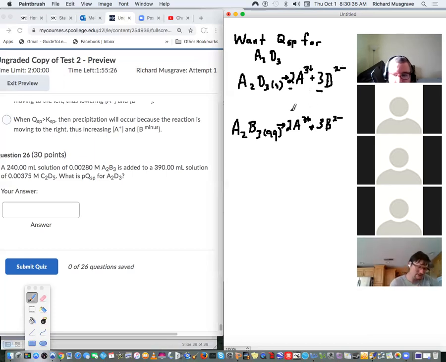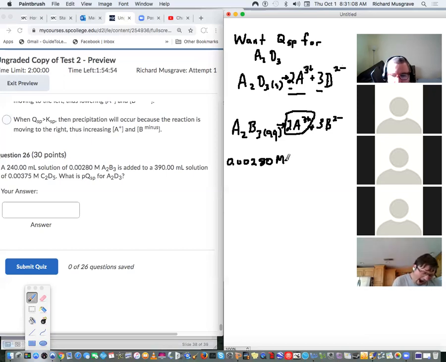Well, we're interested in the A, but we're not interested in the B. And the reason for that is because we have A over here in our Q expression. So we're only interested in the A. So to do that, I take the 0.00280. I don't use the 240 yet. I will use it in a bit.